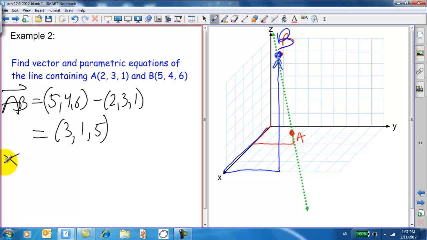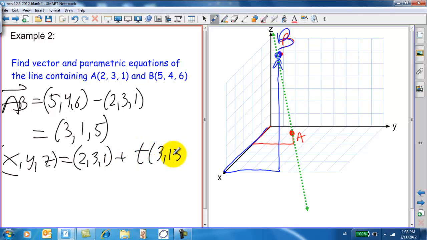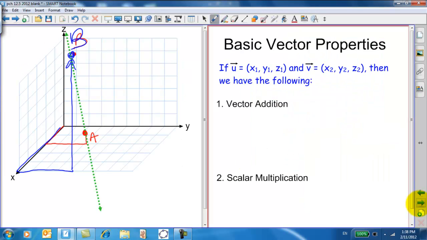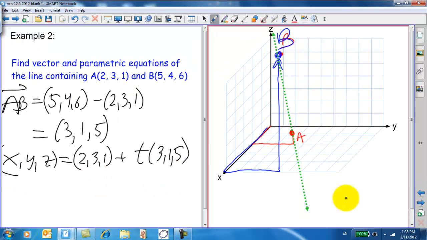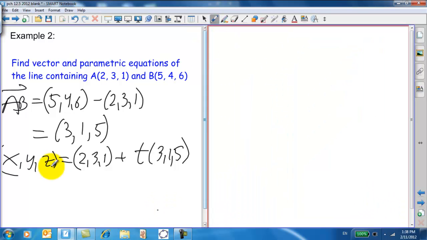So for (x, y, z), your vector equation of the line, let's take (2, 3, 1) plus t times (3, 1, 5). There's the vector equation of the line. Now I think we're also supposed to come up with parametric equations too. So let's sneak that one in too.